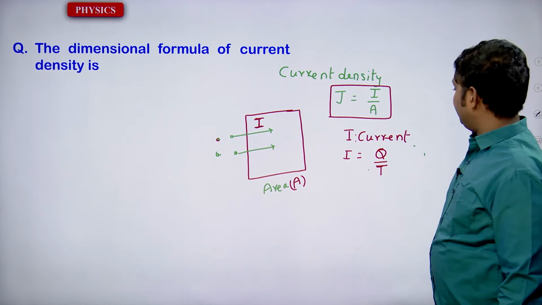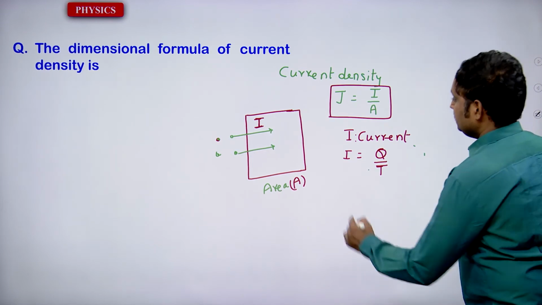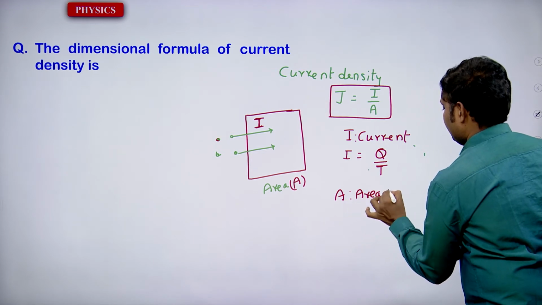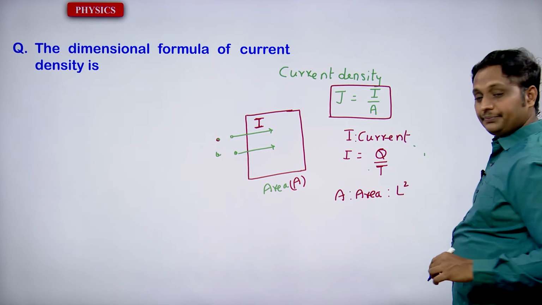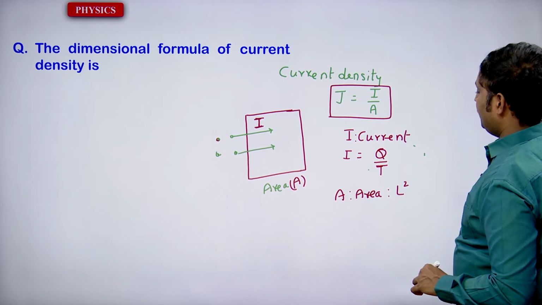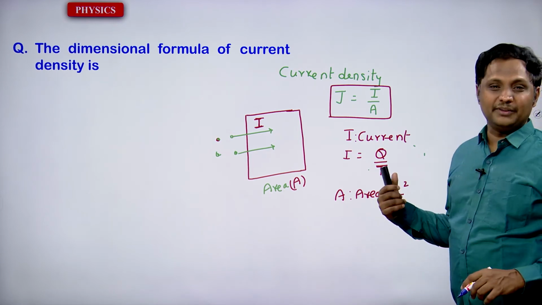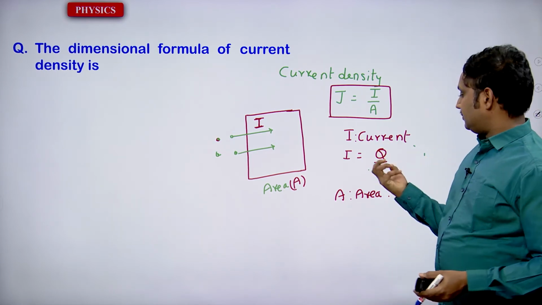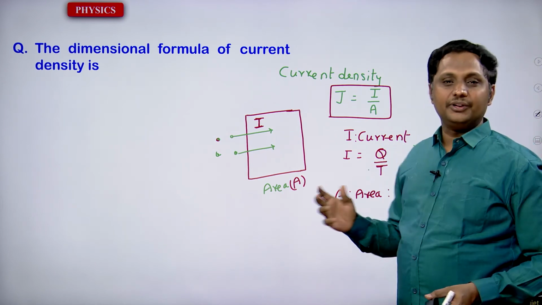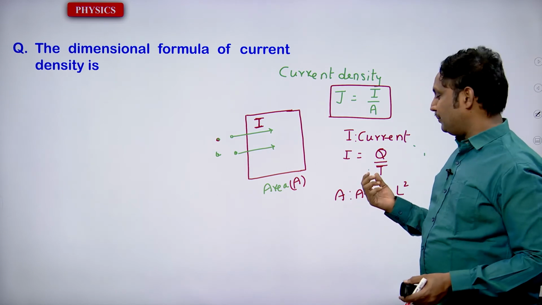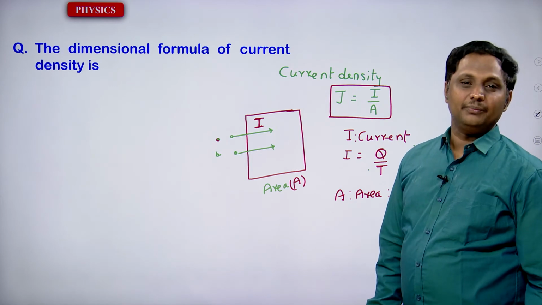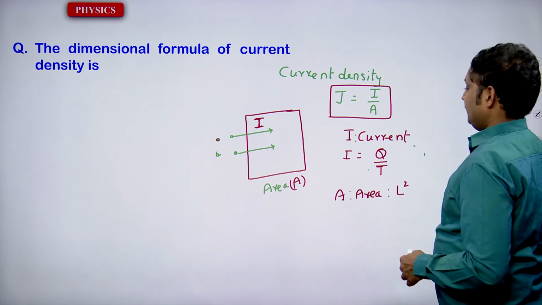A is the area, we would like to go for that L square. If one coulomb of charge crosses per second, that is going to be 1 ampere. We have to confirm that basic fundamental, very clear.